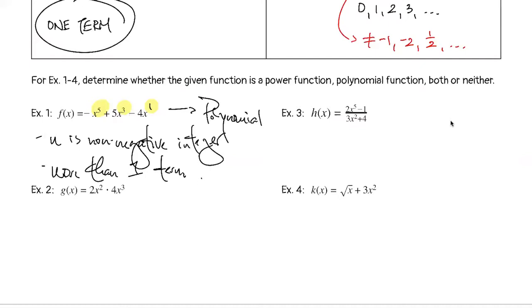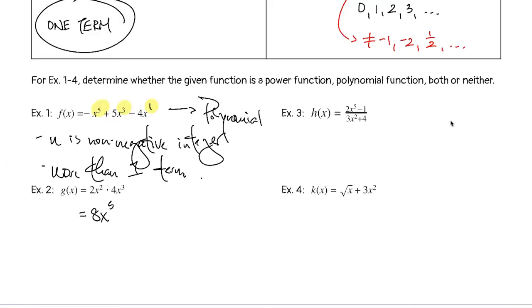Can we simplify this g of x first? Okay, Isis, when we simplify it, what does it give us? We add the exponents, so we'll get x to the 5th. And what's the coefficient? We multiply, so 2 times 4 gives me 8.